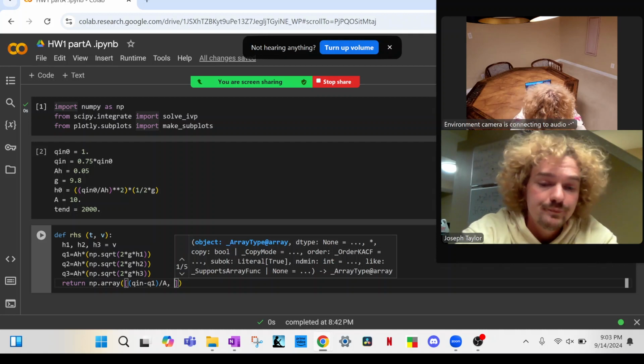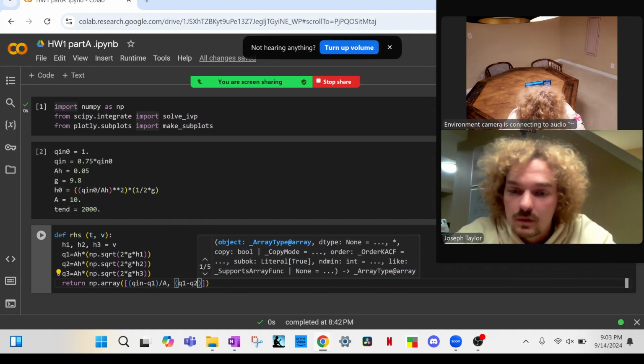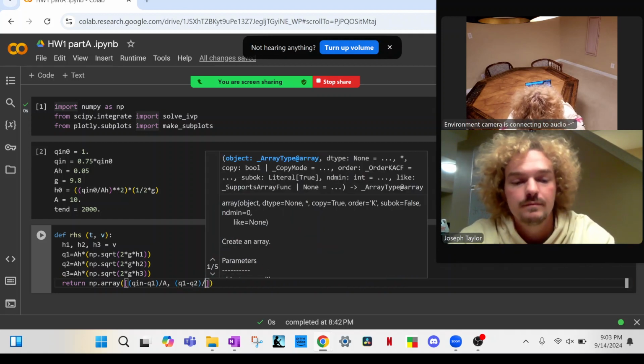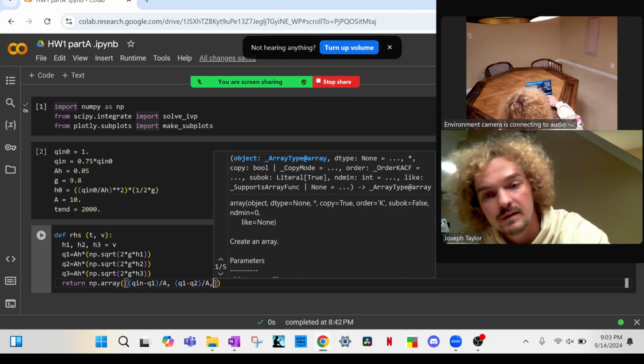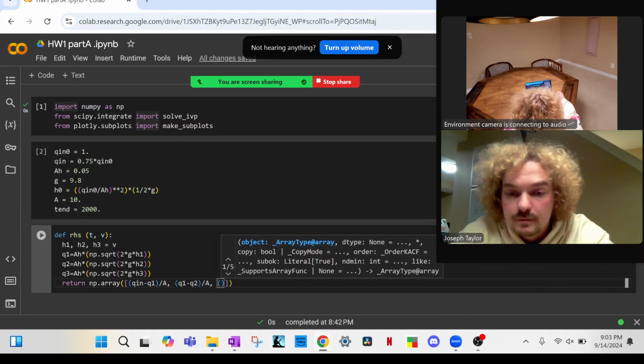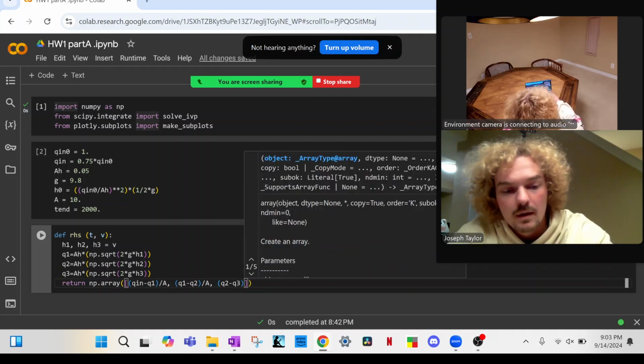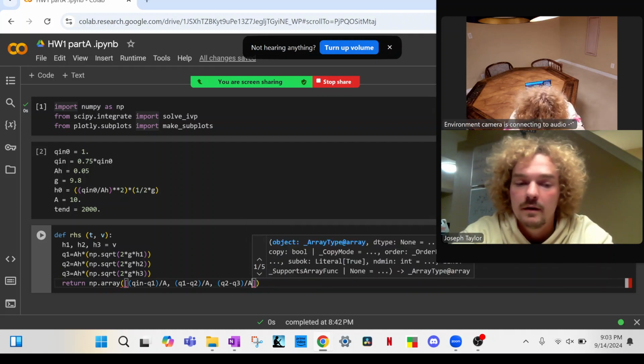And then, just like we did on the board, Q1 minus Q2 divided by the area of the tank. And then, again, Q2 minus Q3 divided by the area of the tank.